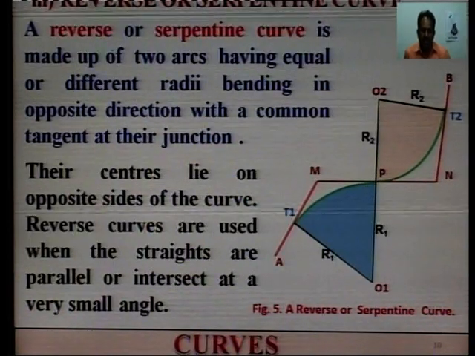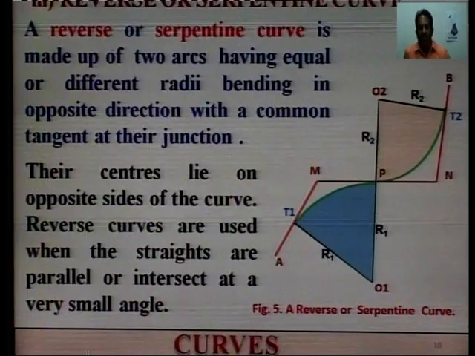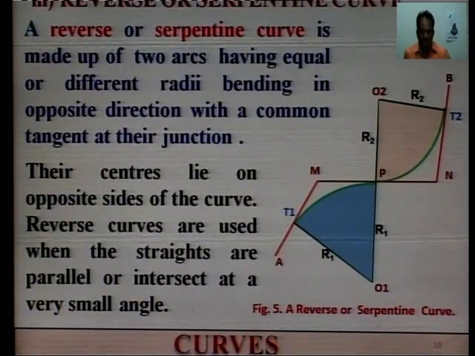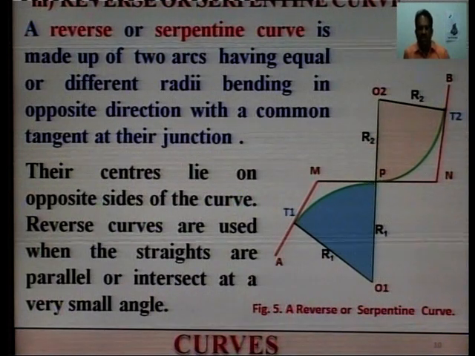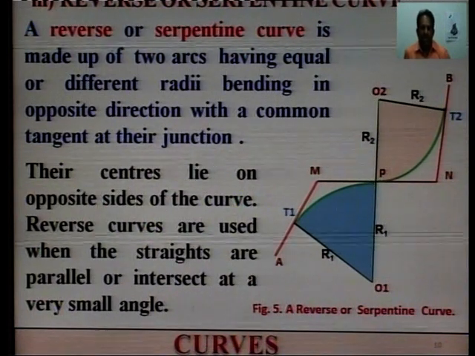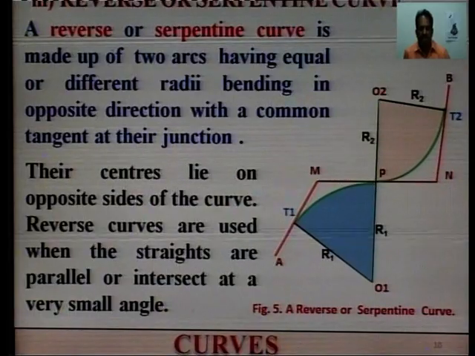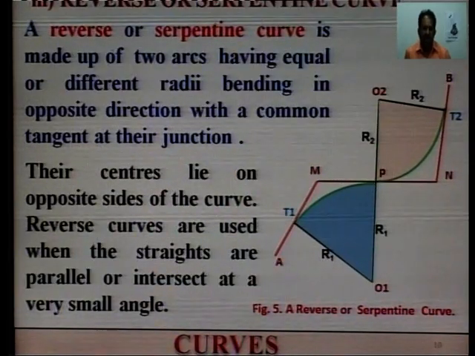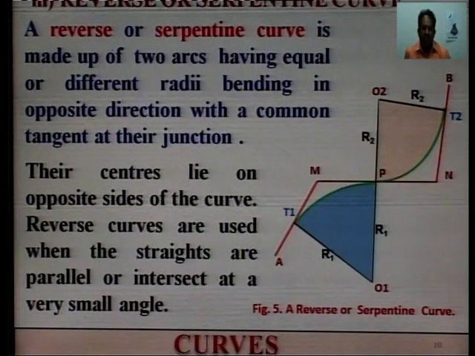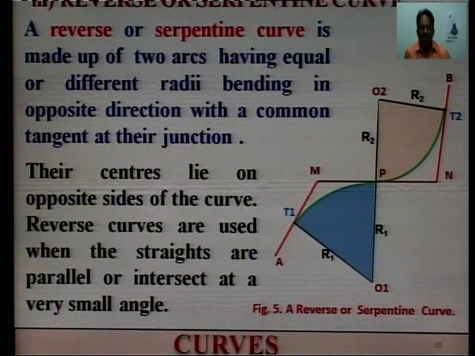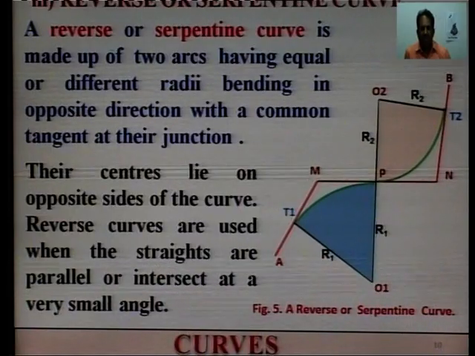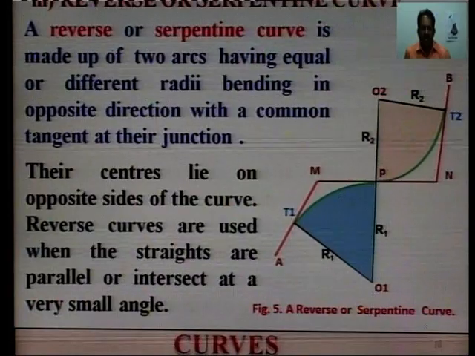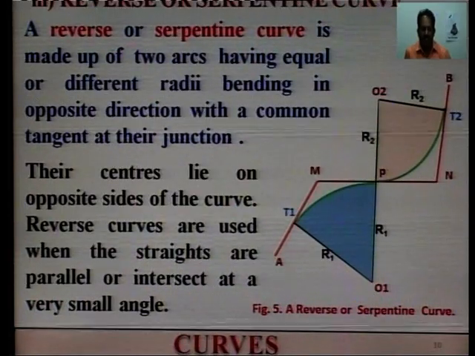The arcs bend in opposite directions of the common tangent at their junction. That is, when these curves meet at a junction, they may have different radii and bend in the opposite direction. So, I once again repeat, a reverse or serpentine curve is made up of two arcs having equal or different radii bending in opposite directions with a common tangent at their junction.